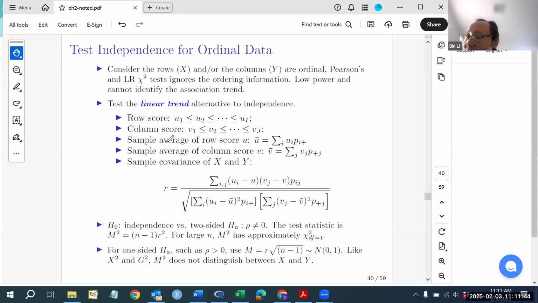It's not the case. Because if you misspecify it as one-sided, and the truth goes in the opposite direction, then you cannot detect the difference. That's the potential risk you are taking.